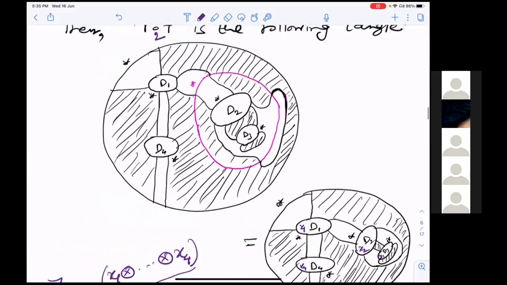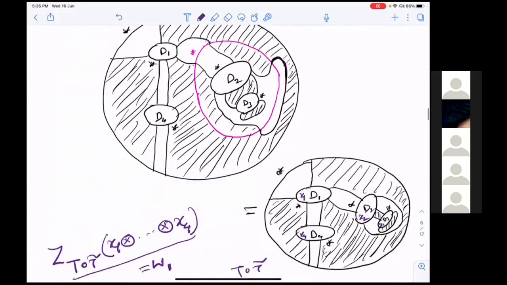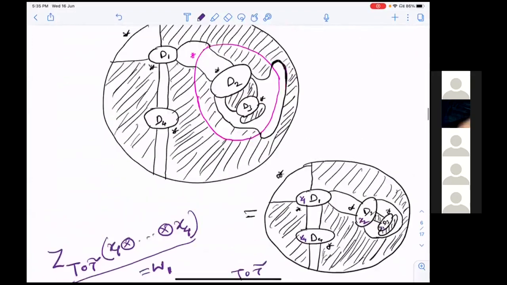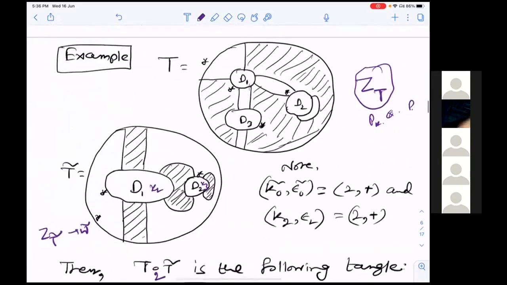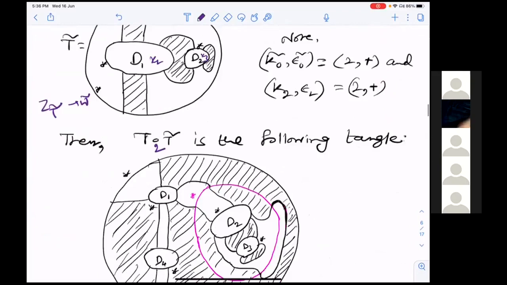And also you can do a different thing. You can put x2 and x3 in the T tilde itself. From ZT tilde, you can get an output, call that output W tilde. Now you put this W tilde here, x1, this is x4, and this is my W tilde. So the resultant should be the same.